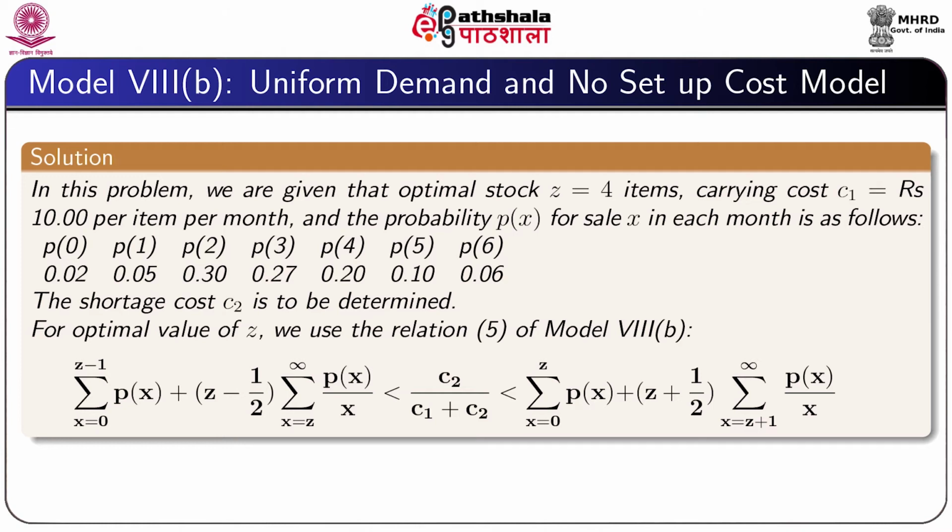P0 equal to 0.02, P1 equal to 0.05, P2 equal to 0.30, P3 equal to 0.27, P4 equal to 0.20, P5 equal to 0.10 and P6 equal to 0.06. The shortage cost C2 is to be determined. For this, we use the relationship 5 as shown in the slide.